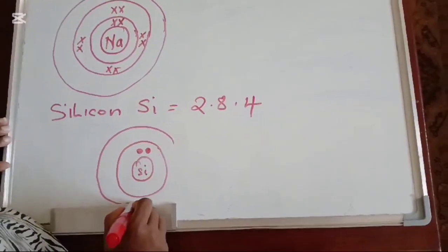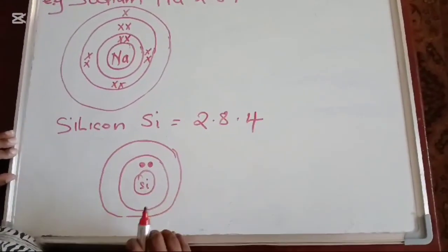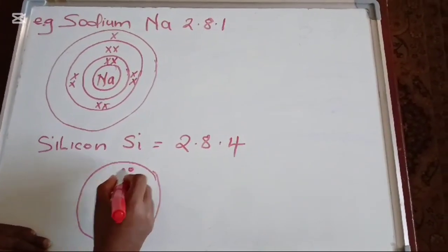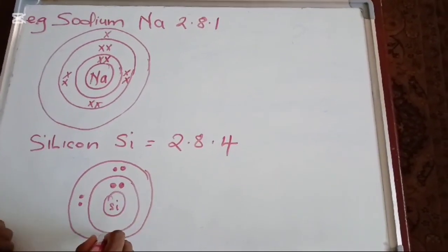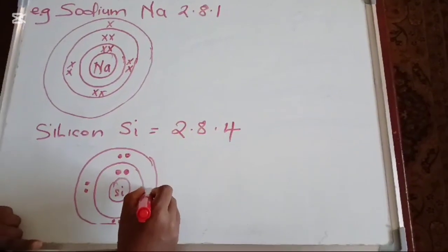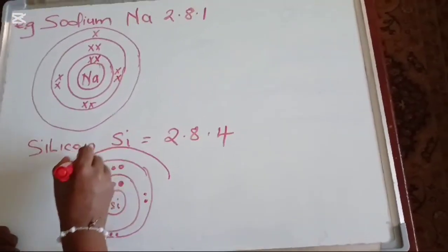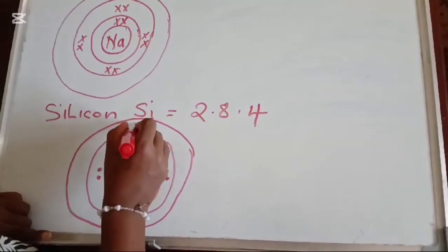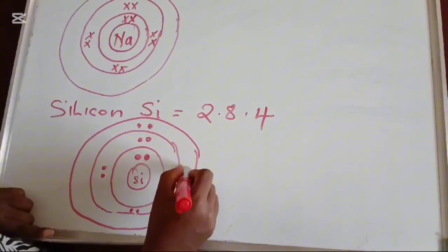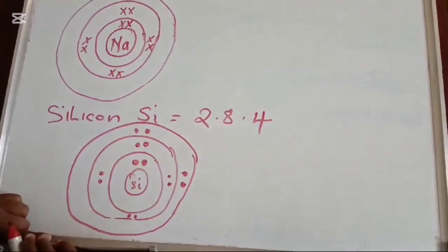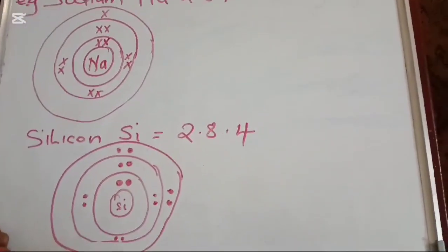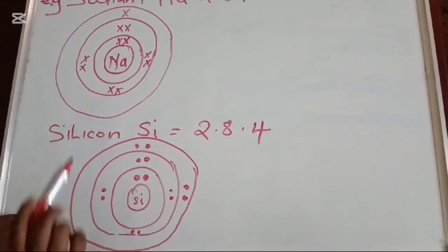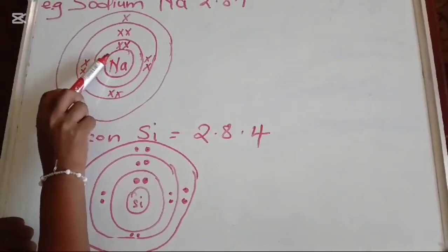The second energy level will accommodate 8 electrons. Then the third energy level will accommodate 4: 1, 2, 3, 4. So that is what we mean when we say electrons can also be represented in the form of diagrams using either crosses or dots.